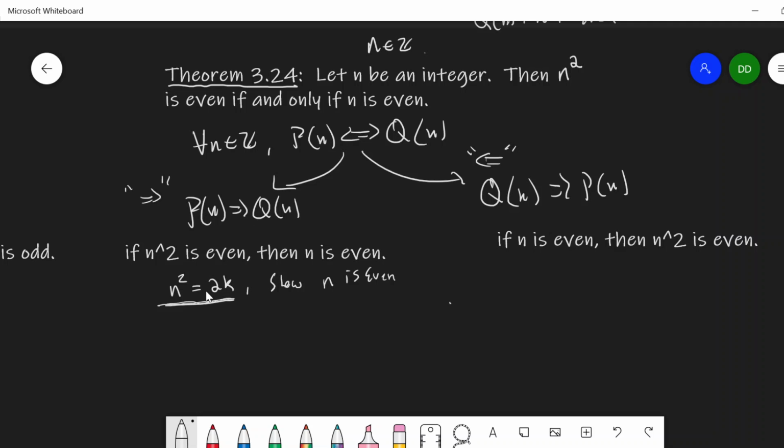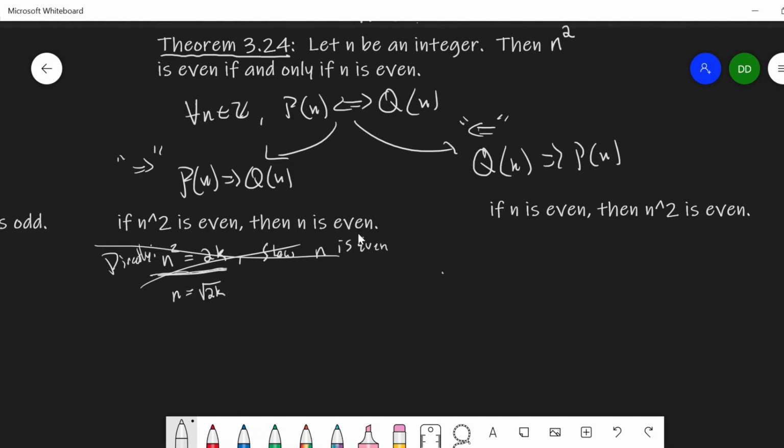We could get a hold of n by taking a square root, n equals the square root of 2k, and I want to show n is even. Well, how would this imply that n is even? It really doesn't. It's not even clear that this would be an integer anymore, or even rational. So directly is junk. We don't want to do that.